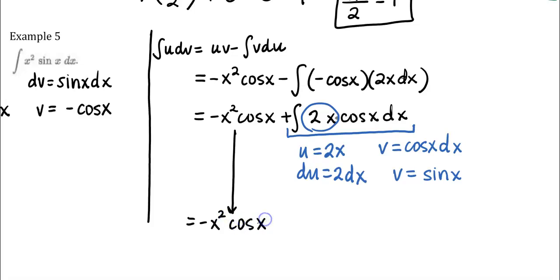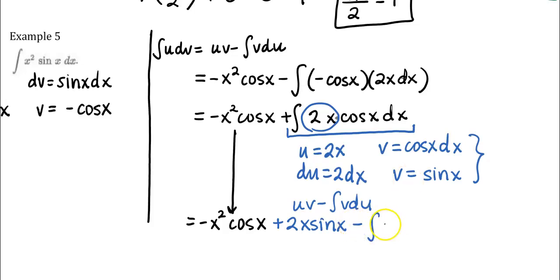But on this part here in blue, for this integral, we're going to have uv minus the integral of v du using these values here. So u times v is 2x sine x minus the integral of v du. V in this case is sine x. Du is 2 dx.